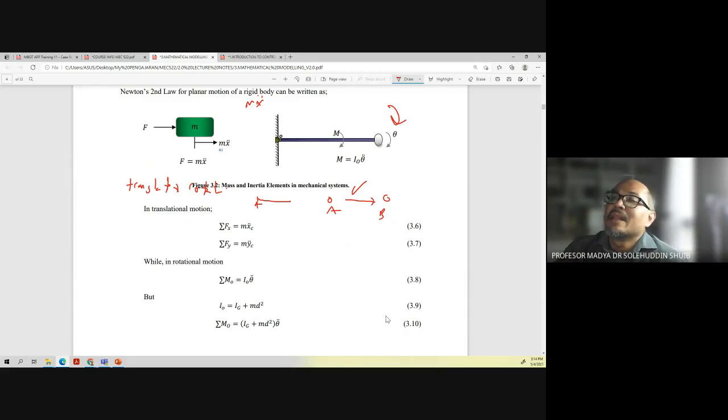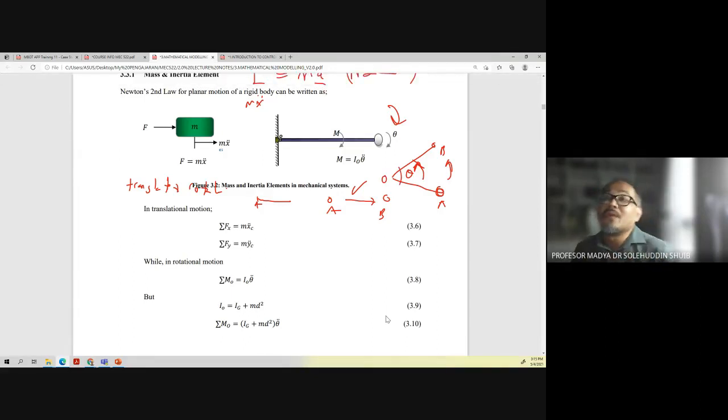At the same time, you can rotate, and rotation involves an angle, from A to B, through a certain angle. So you have translation and rotation.